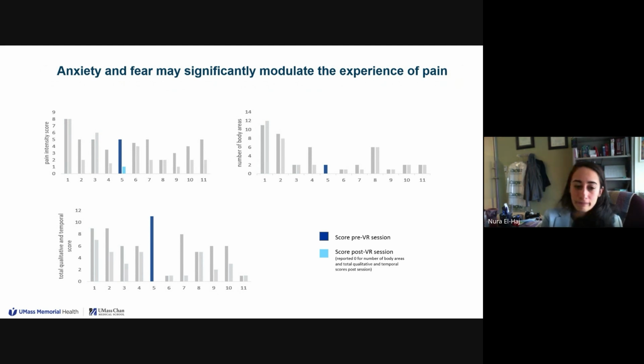One interesting thing to take into consideration: one patient actually scored a 0 on number of body areas, didn't feel any pain when we talked about different measures of pain. But what was interesting is that she still had some pain intensity, but it came down quite a bit.